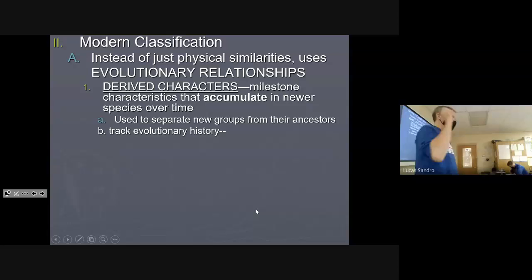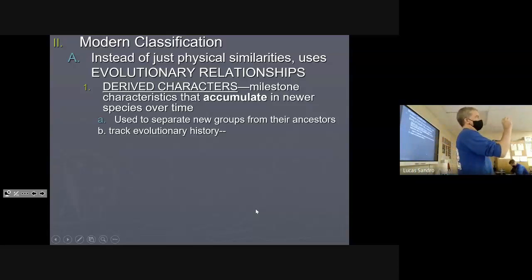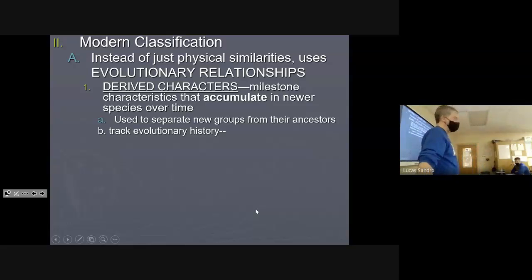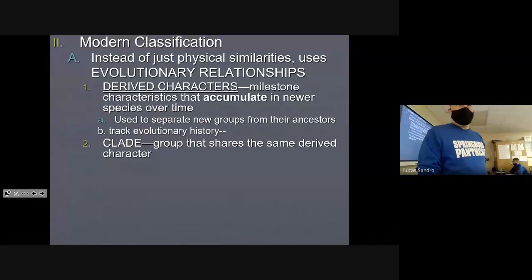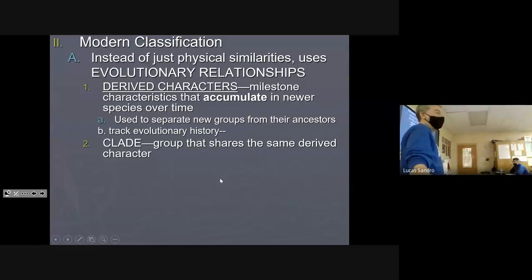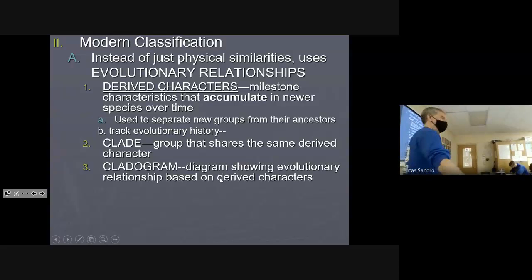First of all, once you choose a derived character, and you've got a whole branching family tree where that characteristic is there and present in all of those organisms and all their descendants, that group that possesses that derived character is called a clade. And the diagrams that you draw when you are picking derived characters and creating clades are called cladograms.